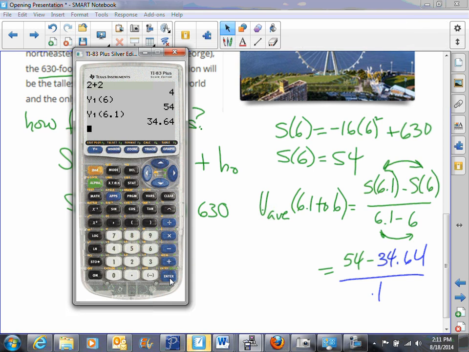And probably it's easiest to do this in the calculator. So we have parentheses 54 minus, I'm just going to use ans because that was the last thing we did, divide by 0.1. And so we get 193.6.